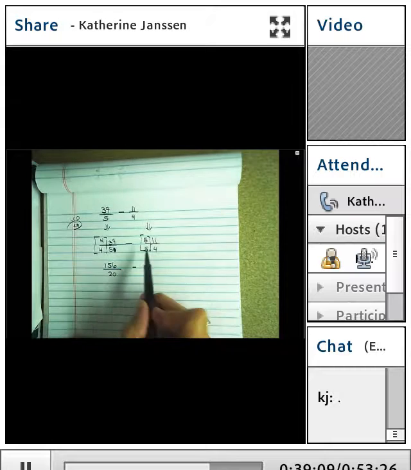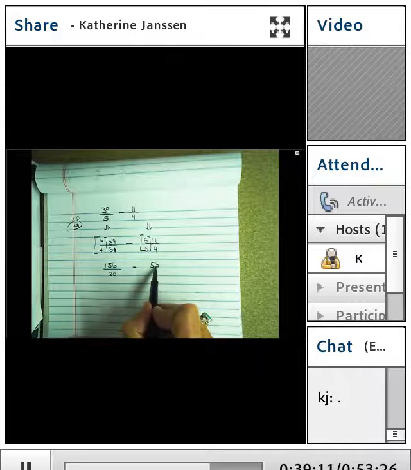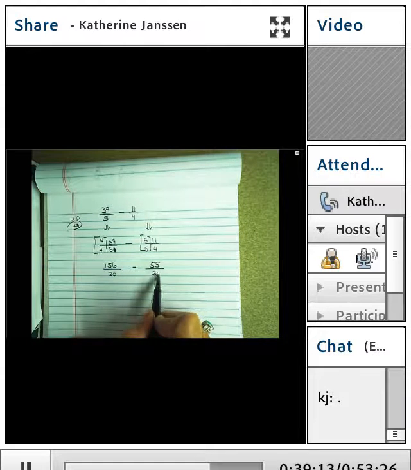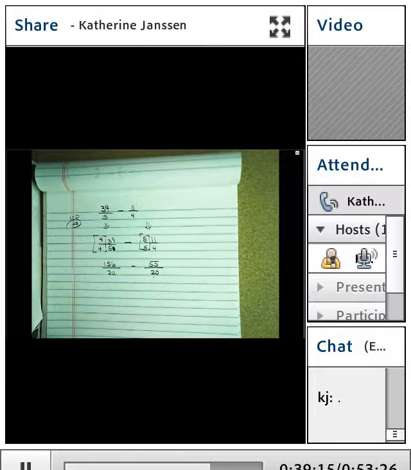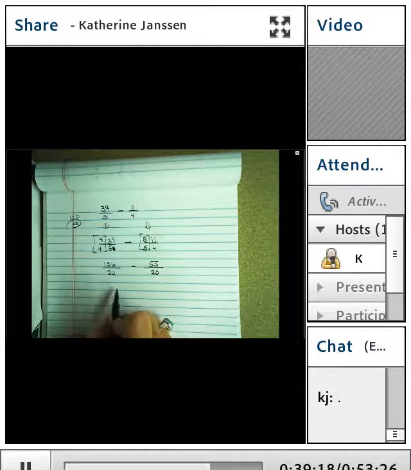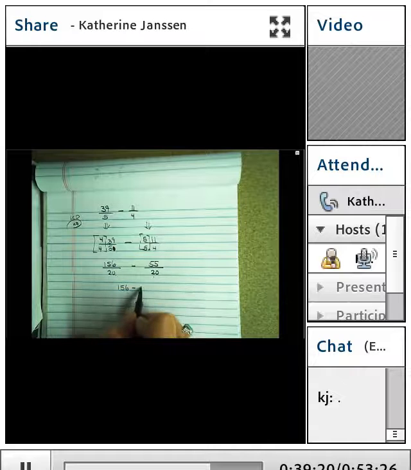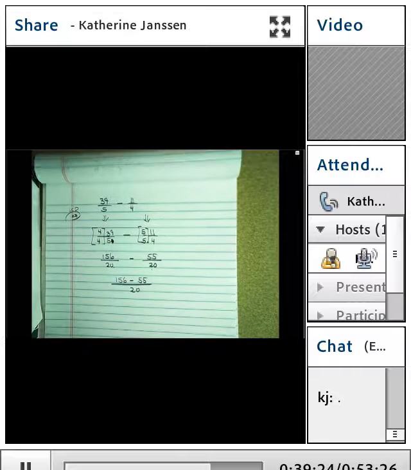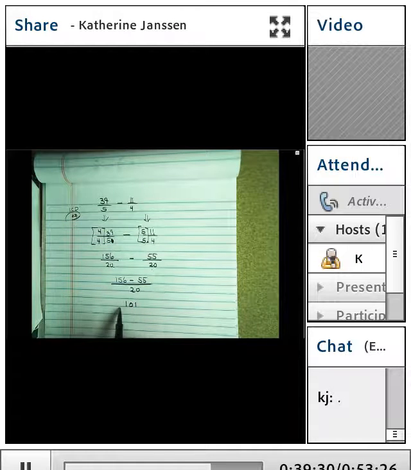Subtract 5 times 11 would be 55. 5 times 4 is 20. Now I see that I do have a common denominator, so I can subtract my numerators all over the common denominator of 20. And 55 subtracted from 156 is 101 over 20. Found the difference.